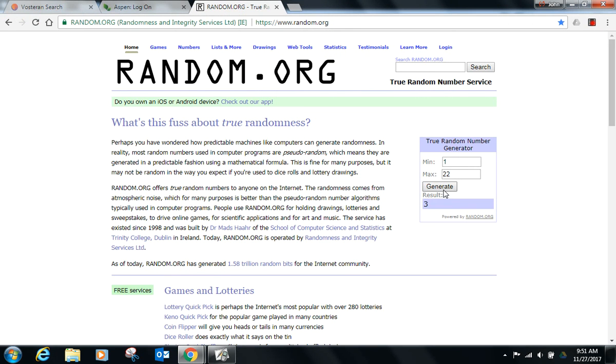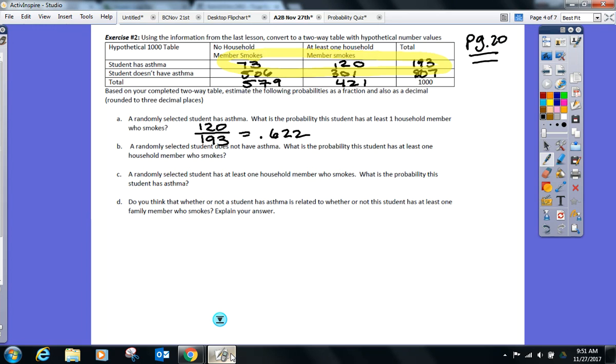Okay, let's go 3. Who's got 3? Okay, Jack, here we go. Next one, a randomly selected student does not have asthma. So again, we're still not out of 1,000. Does not have asthma. So now we're looking at this row. What's the probability at least one household member smokes, Jack?